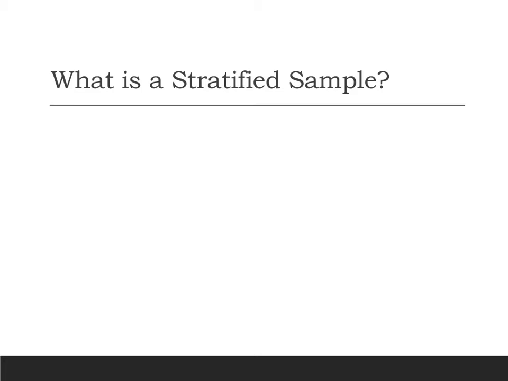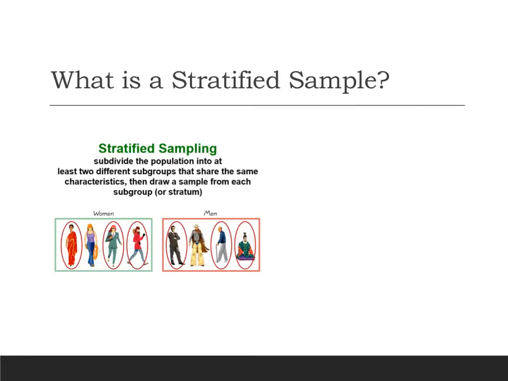It could be whether you've completed no hours as a first year student, you've completed 12 hours, or you've completed 24 hours. That could be our different groupings or strata. So stratified sampling is sorting people into groups first, and then we will randomly choose from those groups.